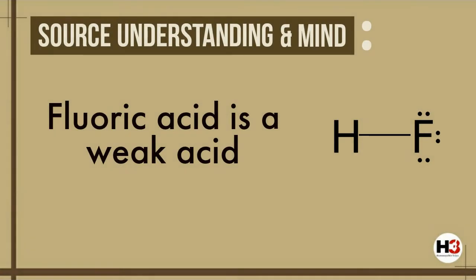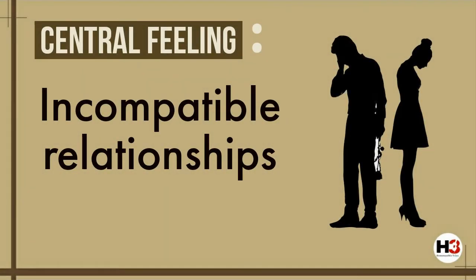Now let's begin with the source, understanding and its relationship with the mind symptoms of our remedy. Fluoric acid is a remedy prepared from hydrofluoric acid, which is a very weak acid and which breaks down very easily to form an ion pair and elemental fluorine. This feature of fluoric acid from its chemistry is seen in the mental sphere of our remedy.